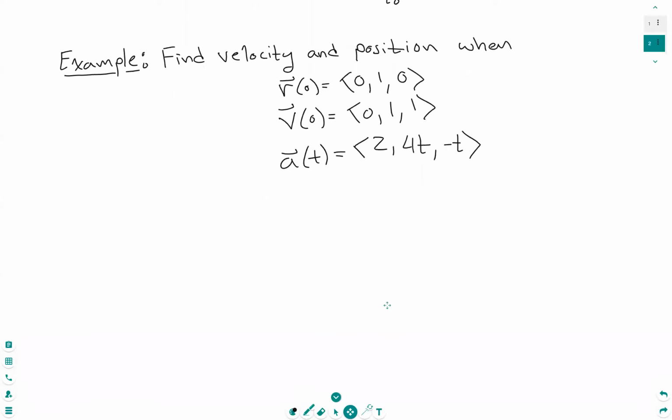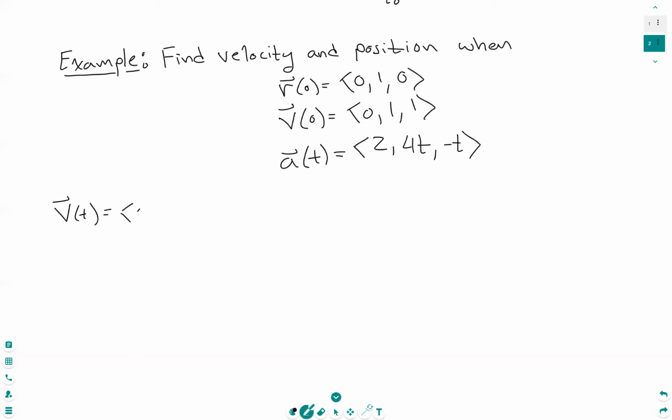Okay. So to find our velocity, this is our velocity at some t naught, which they've given us as 0.